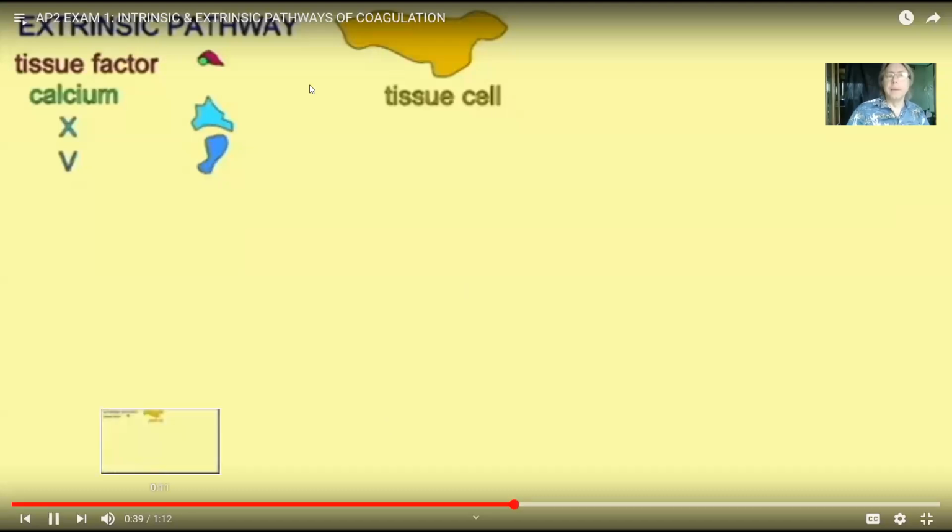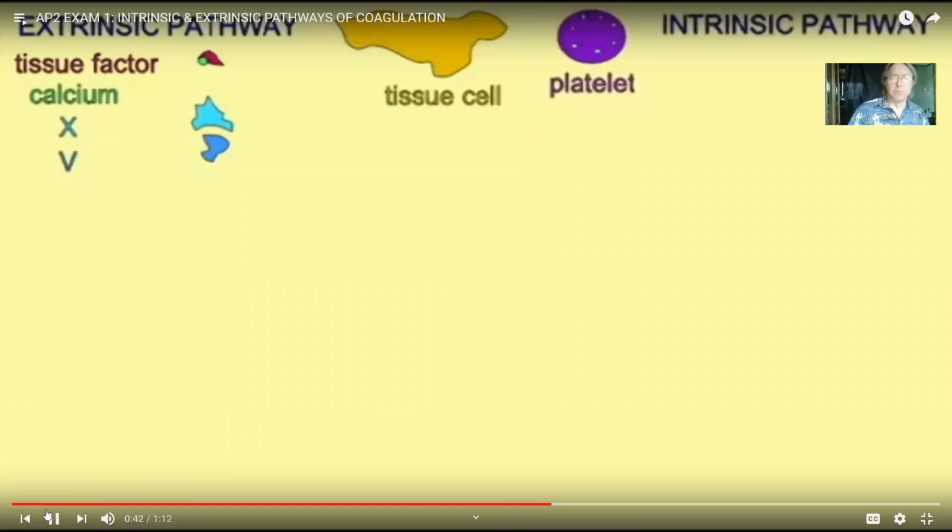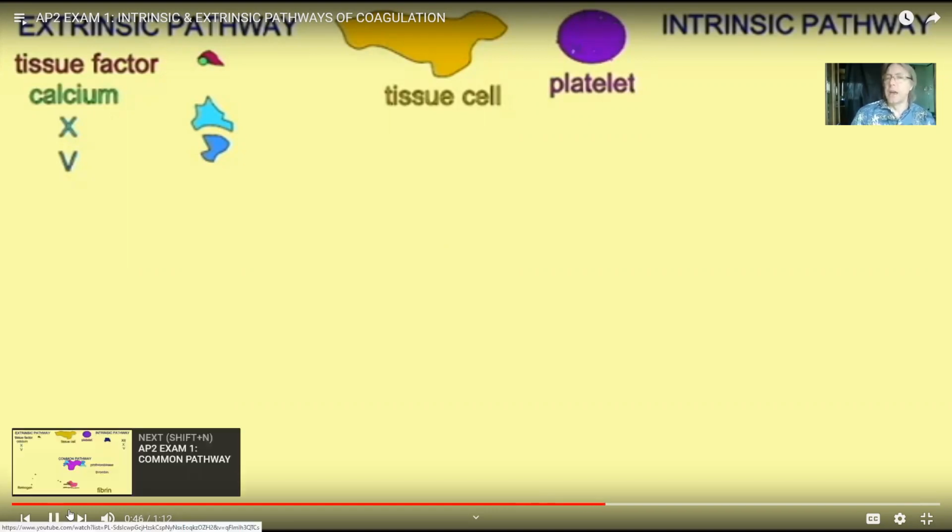Also, in addition to this extrinsic pathway, which is started outside the blood vessel, notice that platelets inside a blood vessel could then also induce this as well. By releasing their granules, platelets release clotting factors, which can have the same effect.